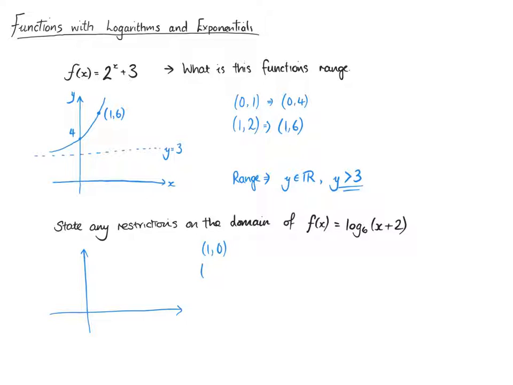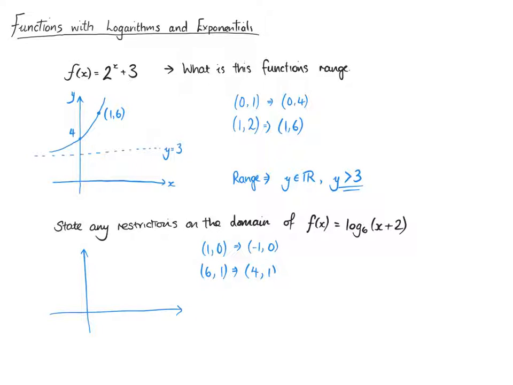So a is the base of our logarithm, so we're going to have 6 and 1. What's happened with that minus 2 in our bracket with that logarithm is that our logarithm has been moved to the left 2, because remember it does the opposite, so we take 2 away from our x values, so we get minus 1, 0, and we have got 4, 1.